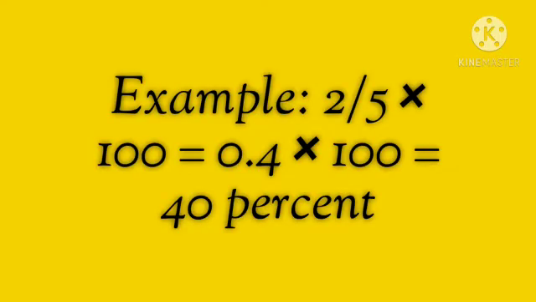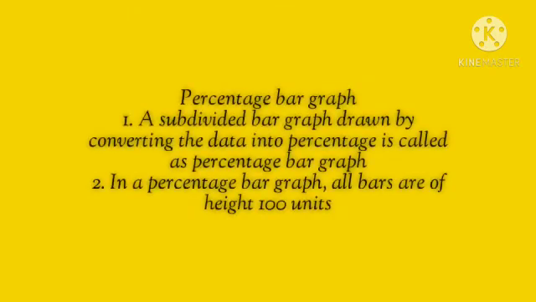For example, 2 divided by 5 multiplied by 100 is equal to 0.4 multiplied by 100, which is equal to 40%.